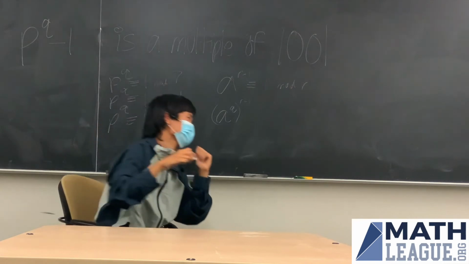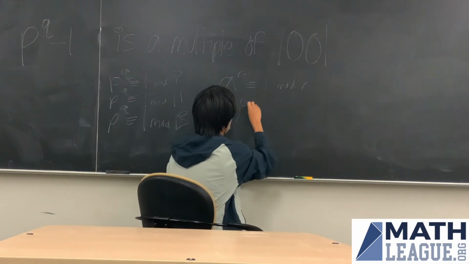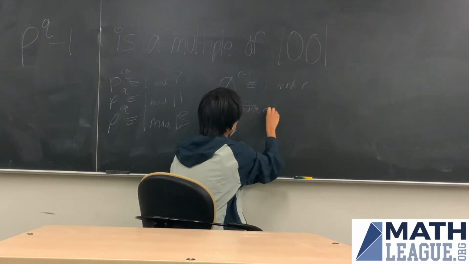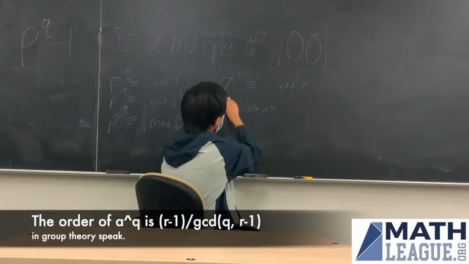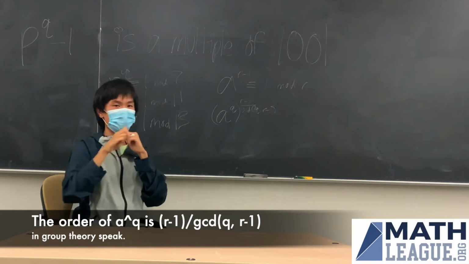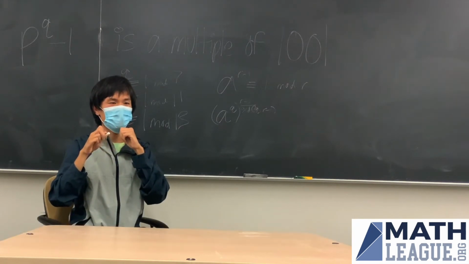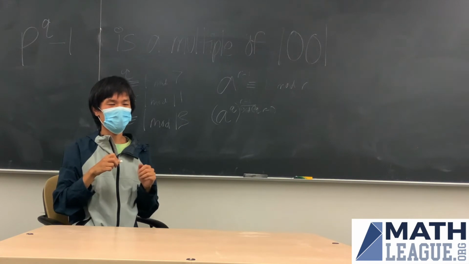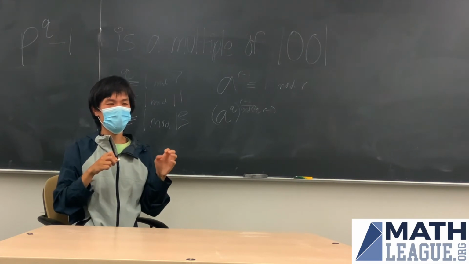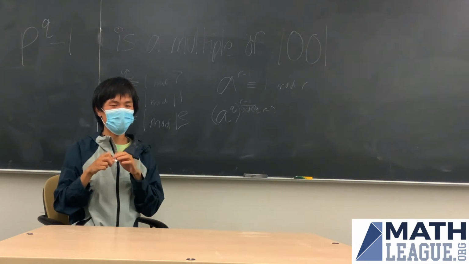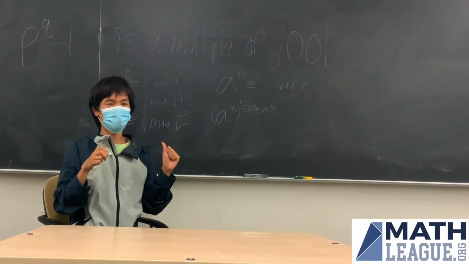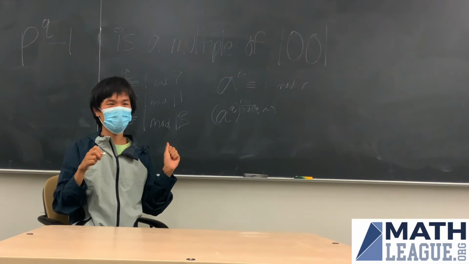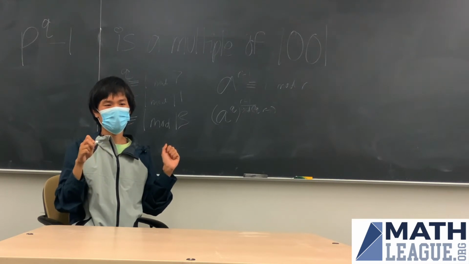So let's divide that out by the GCD of q and r minus 1, because then the q and the GCD of q and r minus 1 would divide out and result in a whole number times r minus 1, and that would still result in 1 mod r. And that ends up being the order of a to the power of q.